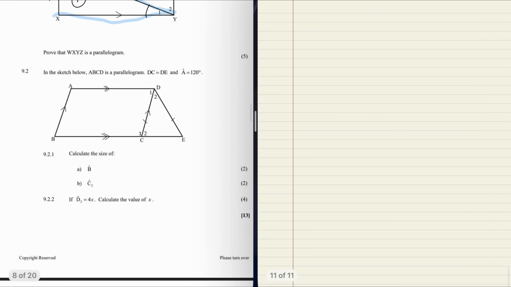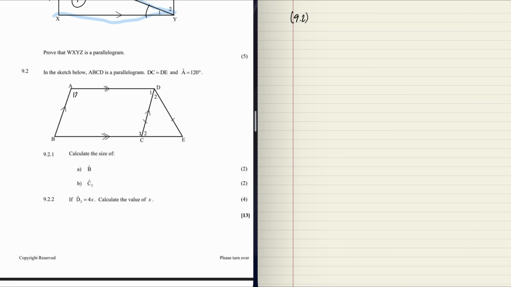Now let's take a look at question 9.2. In the sketch below, ABCD is a parallelogram. DC is equal to DE, okay, that's given, and A is equal to 120 degrees.